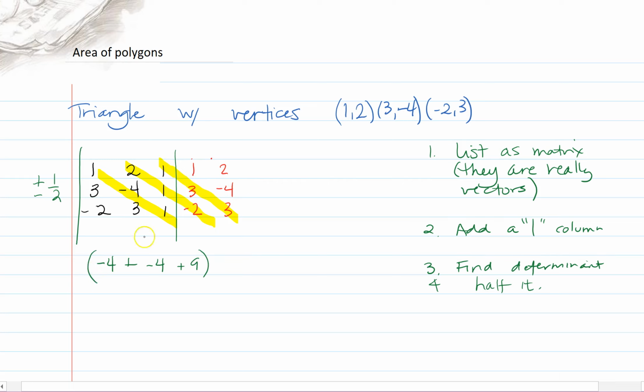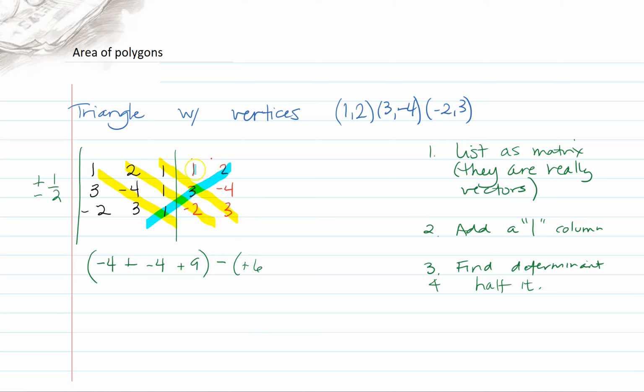So you take this dot product and you're going to subtract this one, where you're going to take from the far right and go this way. So it's going to be minus 6. Oh, sorry, I went to the bottom.